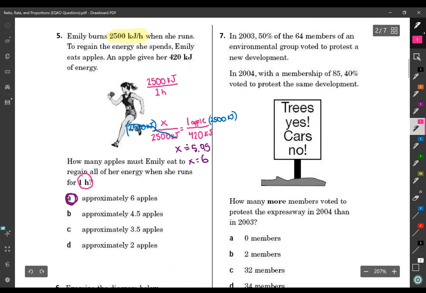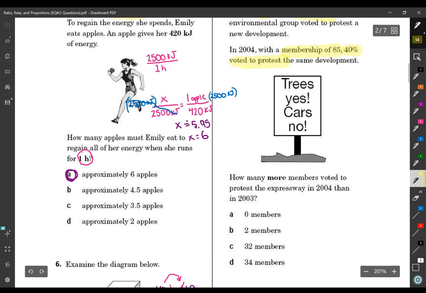Question 7. In 2003, 50% of the 64 members of an environmental group voted to protest a new development. In 2004, with a membership of 85, 40% voted to protest the same development.